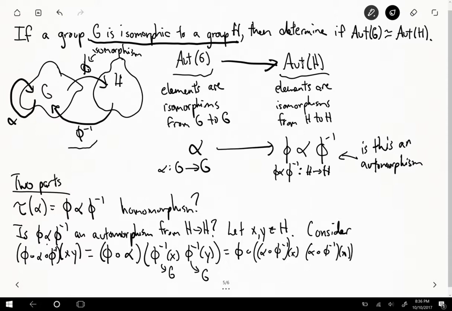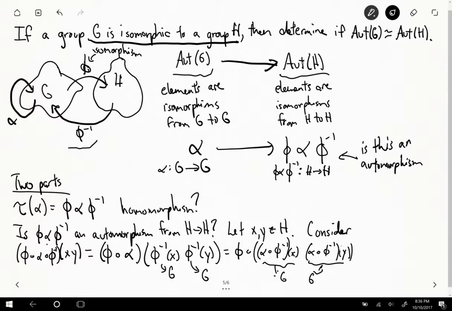And technically I should be writing this down, I'm just limited on space, and then I'll actually erase this part in a second. And this element has to be in G, my apologies. So both of these are in G. Alpha actually maps G back to itself.